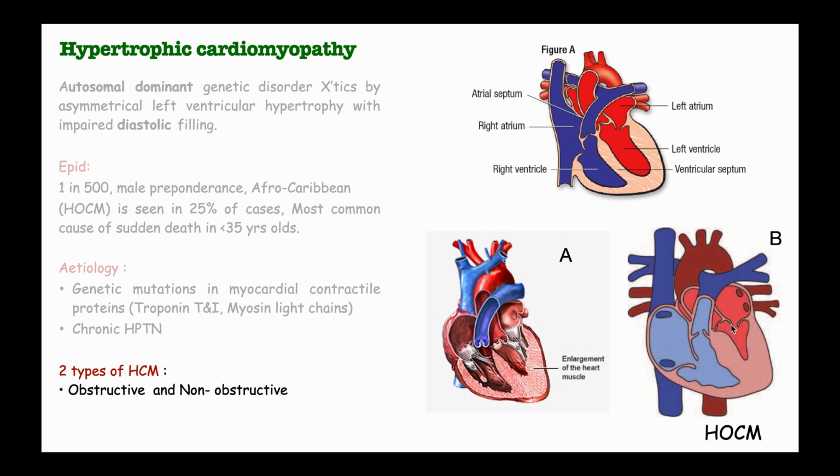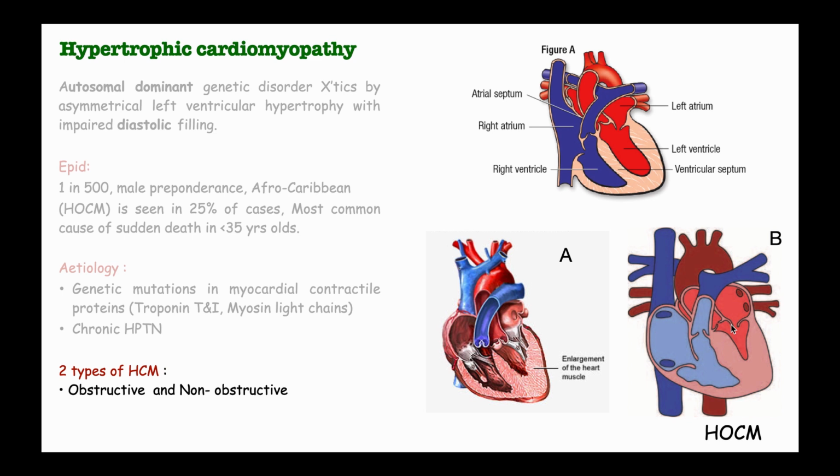Now, I also mentioned that if there is a secondary cause of hypertrophic cardiomyopathy, it is usually chronic hypertension. So how do we differentiate between this form of hypertrophic cardiomyopathy and the one caused by chronic hypertension? Usually, what we find is that in left ventricular hypertrophy caused by hypertension, the myocytes on histology are enlarged and arranged uniformly.